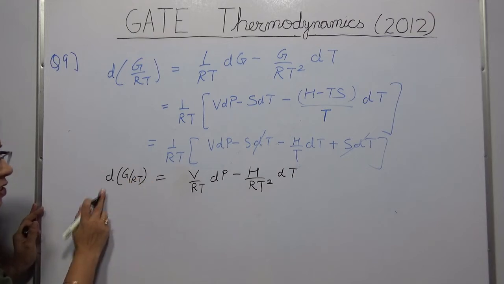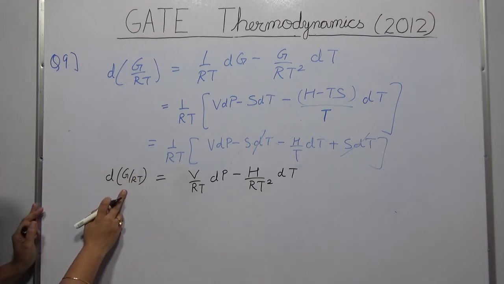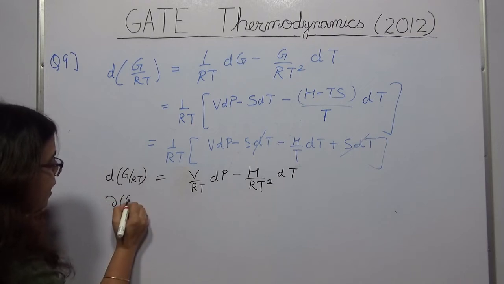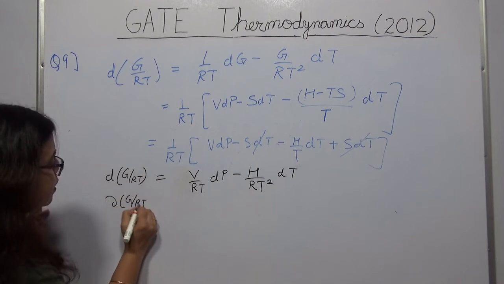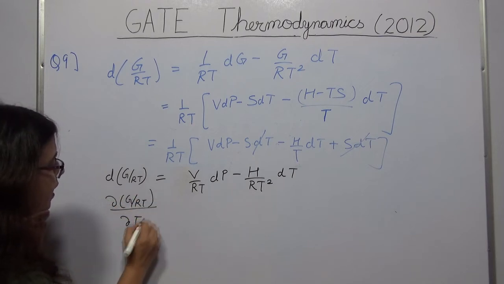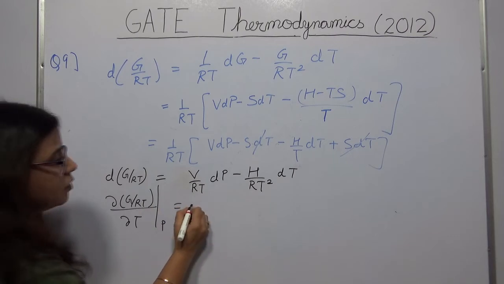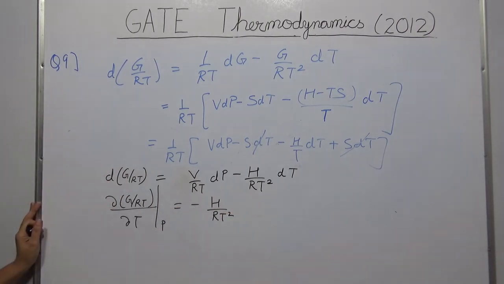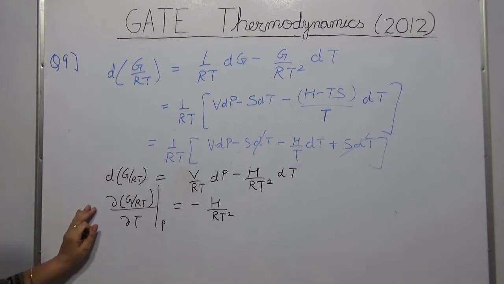Now let's take a partial derivative of this with respect to T while keeping P constant. What I get is that del(G/RT) upon del T at constant pressure is equal to minus H upon RT square. So this is a very general relation.